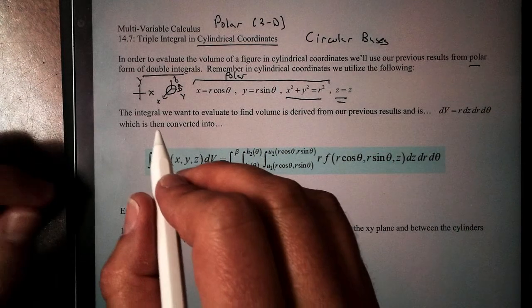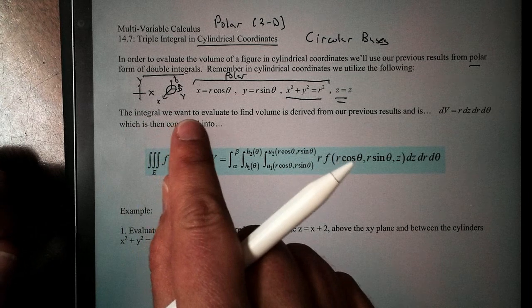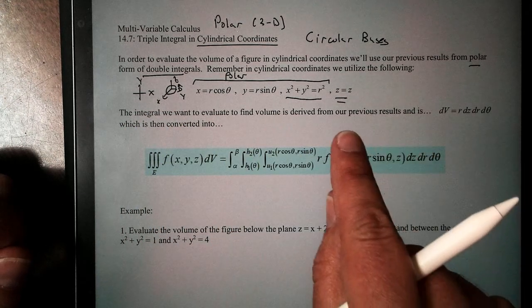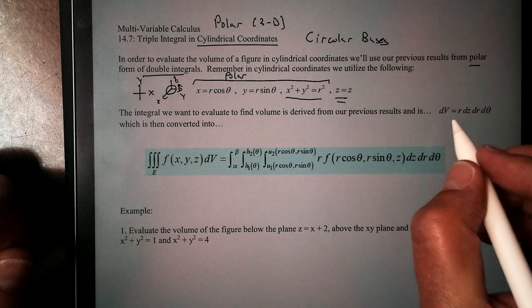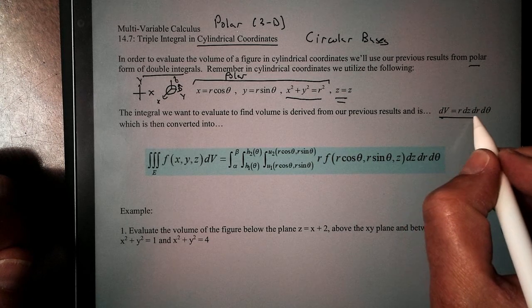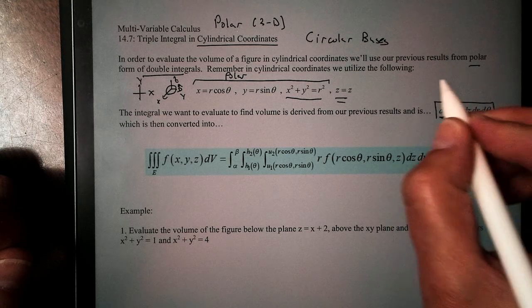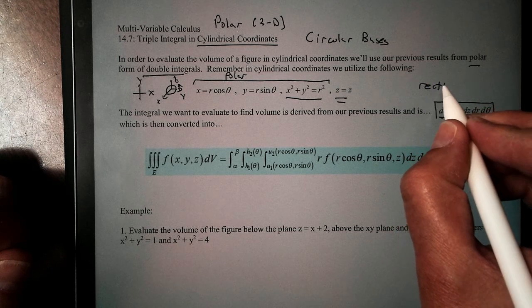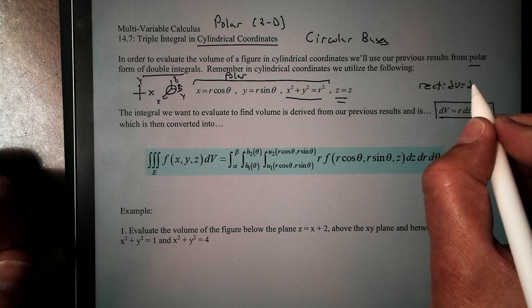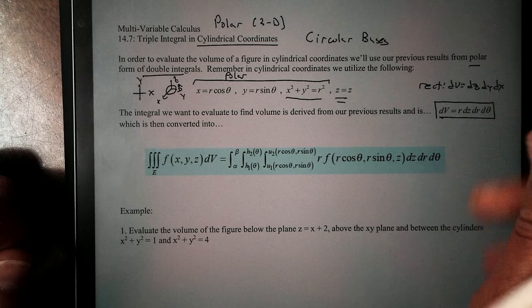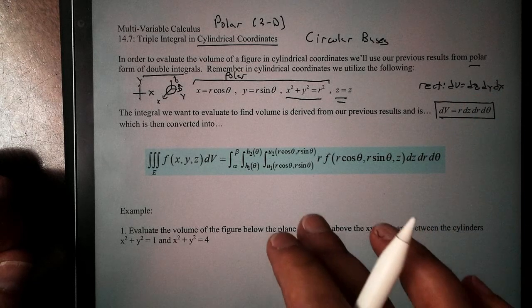So the integral that we will want to evaluate to find the volume is derived from our previous result, and is this: dV equals r dz dr d theta. Now, in rectangular coordinates, dV was dz, dy, dx, and we talked about how we can arrange them.